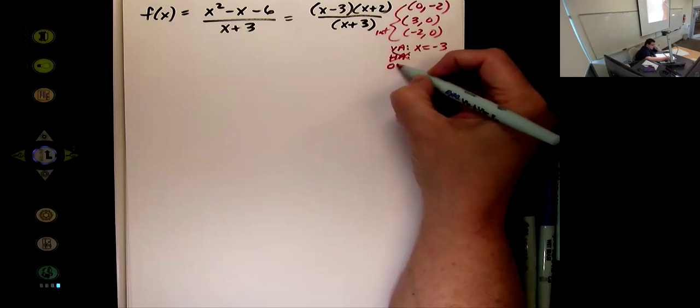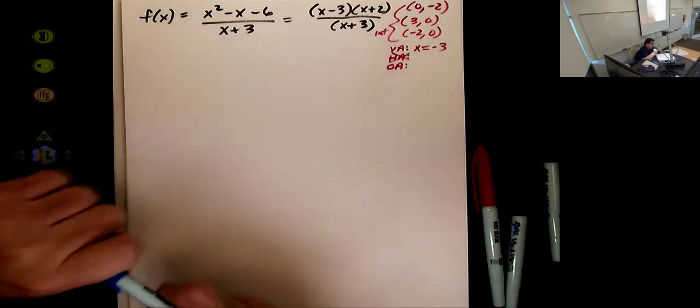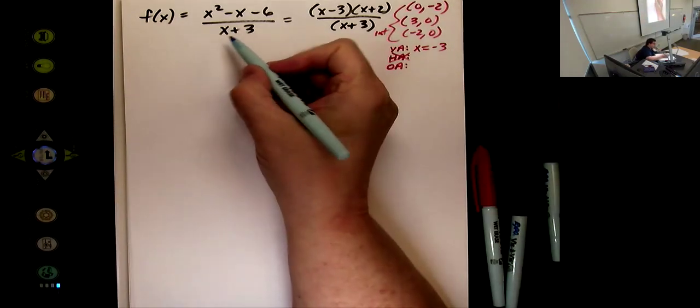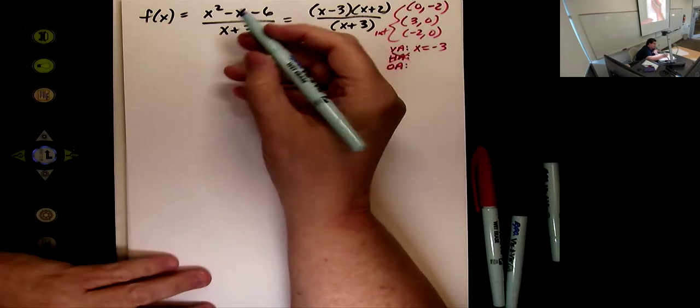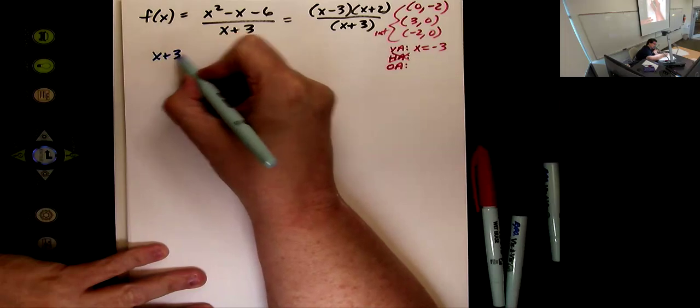We're going to have an oblique asymptote. I could use synthetic division here because there's a coefficient of 1, but I'm not going to, because I want you to see the polynomial division more.